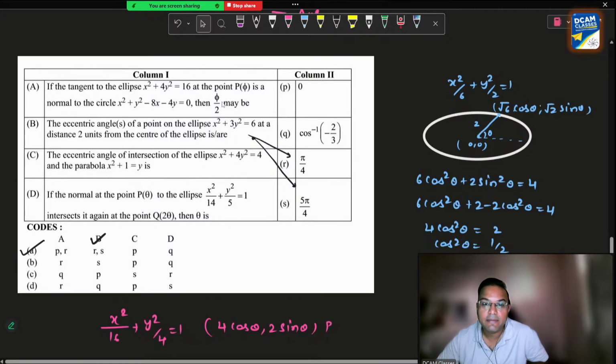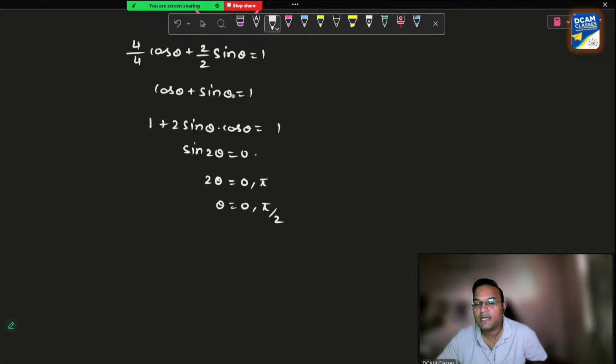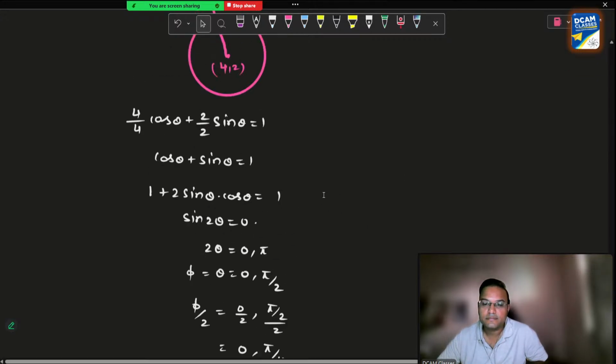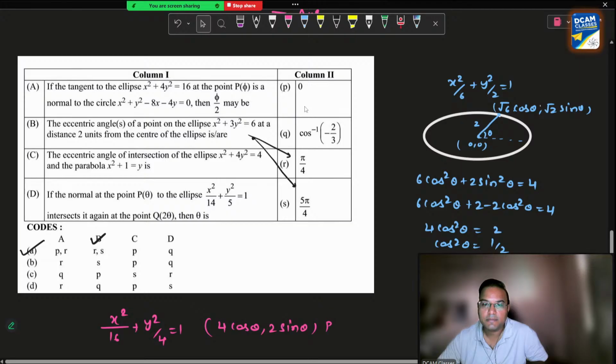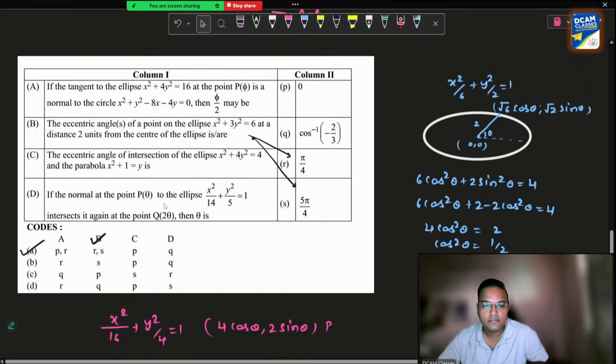Oh, they are asking theta by 2. We found theta as 0 and pi by 2, and theta by 2 will be 0 and pi by 4. So it will be pi by 4 only. So P and R. Understood? Yes, sir.